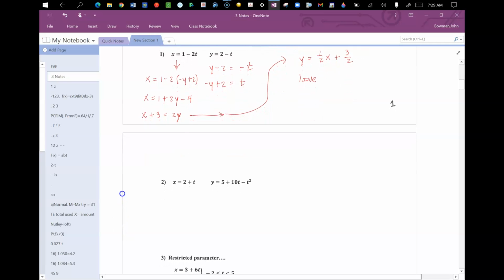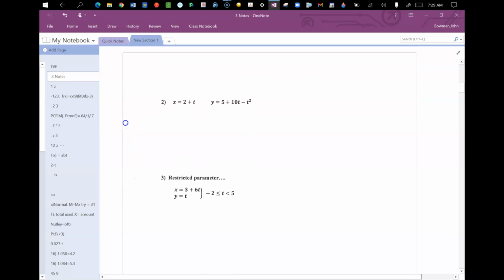There are some situations where it's not quite as simple to eliminate the parameter, like in problem number 2, but I would always give the same advice. If you are solving for t, pick the equation that is easiest to solve for t. So the x equation, x minus 2 is equal to t.